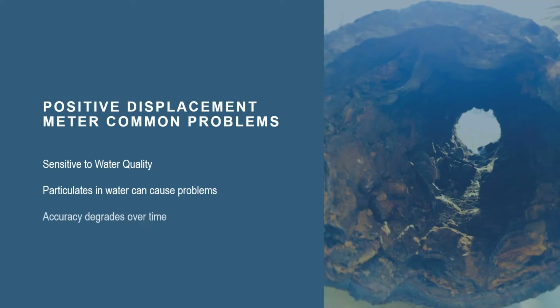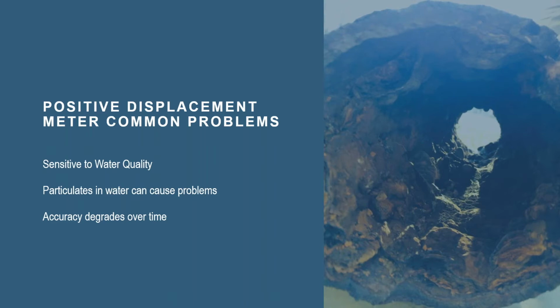But let's talk about some common problems that we have with those positive displacement meters. They are sensitive to water quality. And if we look at our group of people that we've got out here, those of you that are out there in West Texas, I know I'm preaching to the choir here. Total dissolved solids are an issue out there in West Texas.